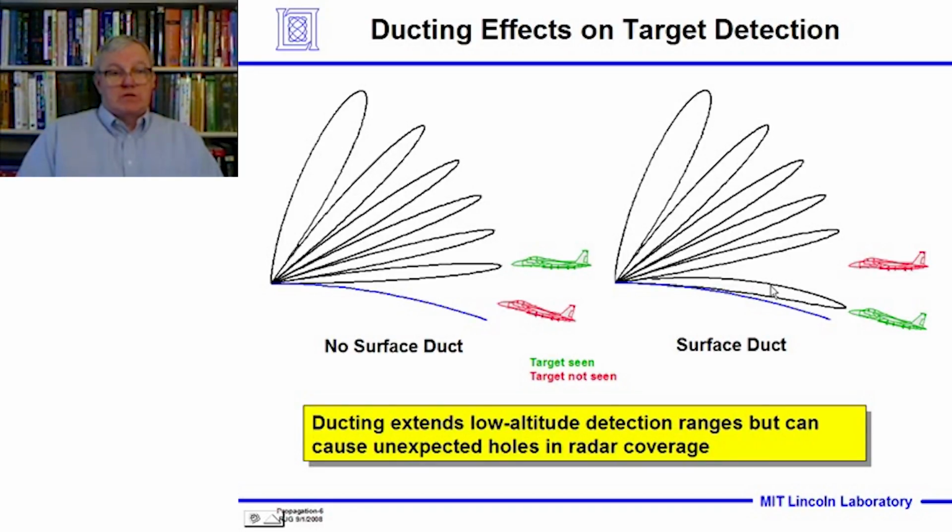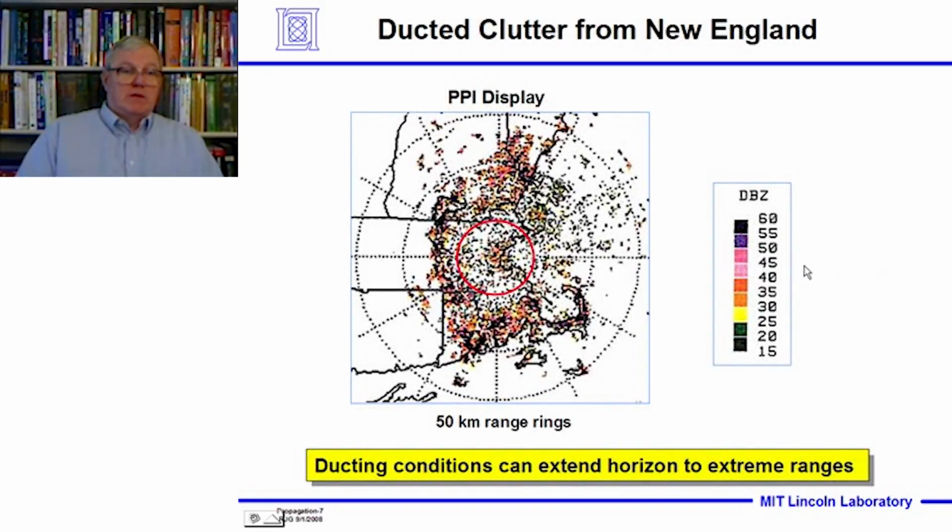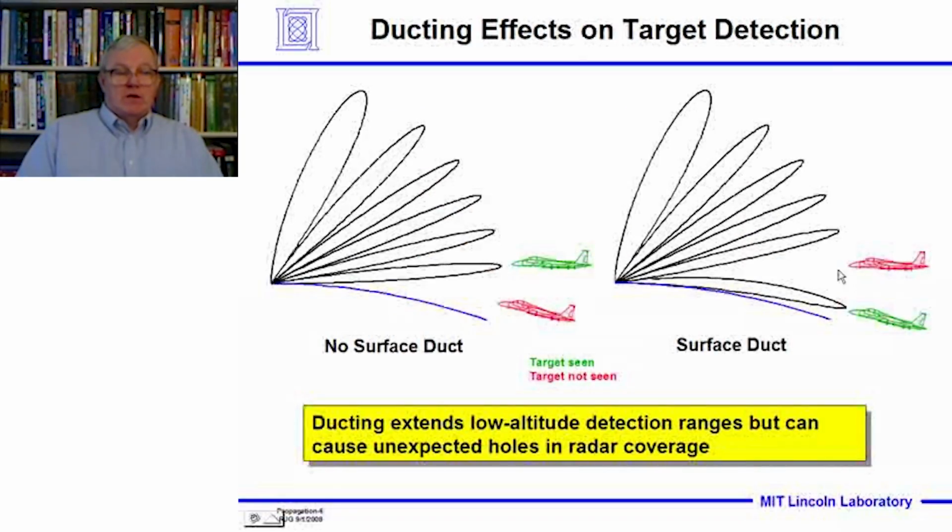If we have a surface duct, that lowest beam would be bent down, and the lower aircraft would be detected, and the upper aircraft would not be detected till much further in. There'd be effectively a hole in the coverage. So you can see that ducting can extend the low altitude detection, but can also cause unexpected holes in the radar coverage.